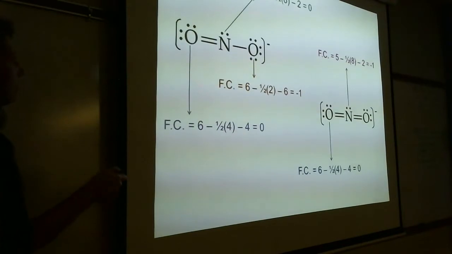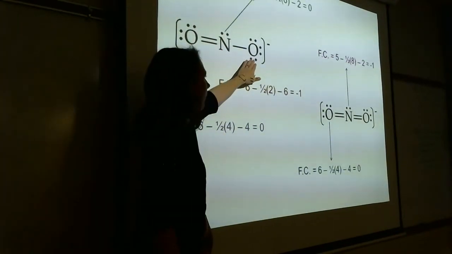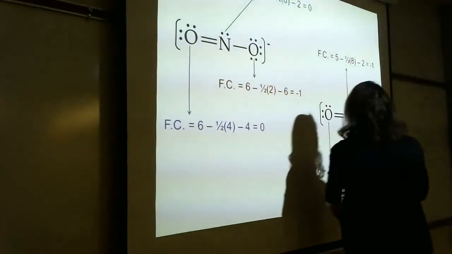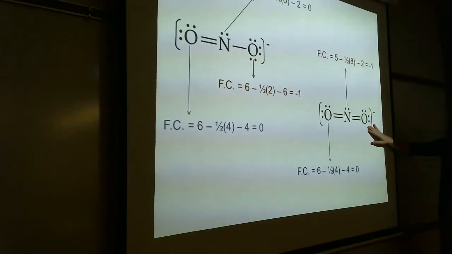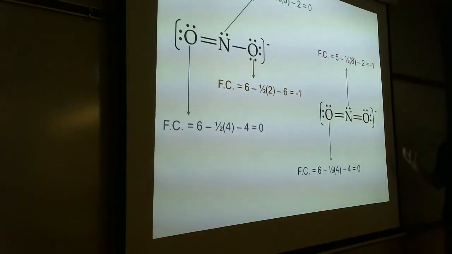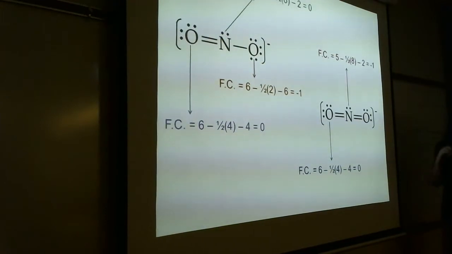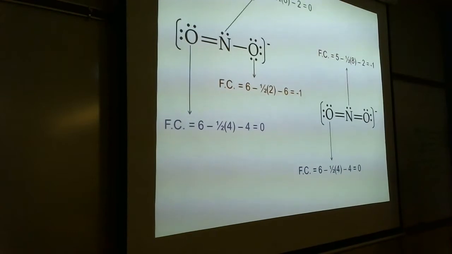In this Lewis structure, we have 0, 0, minus 1, whereas in this one, we have 0, minus 1, 0. So they both add up to negative 1. Your decision now is which atom is better at carrying the negative charge, right?